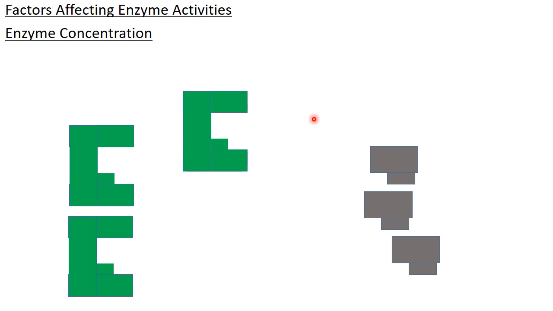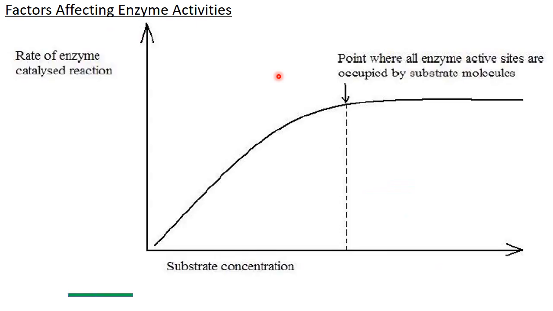So increasing the number of enzymes won't change anything, just like the way we discussed when it comes to increasing the number of substrates. So adding a 4th enzyme won't be of any help. Like I said, I swapped the graphs. So this is supposed to be enzyme concentration now, and the other side is supposed to be rate of enzyme catalyzed reaction.